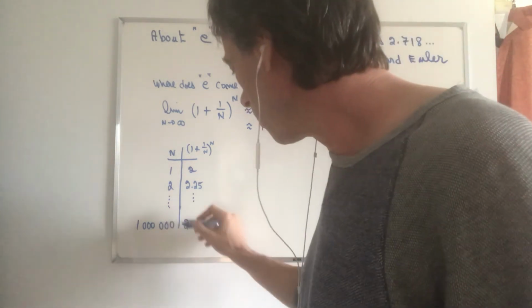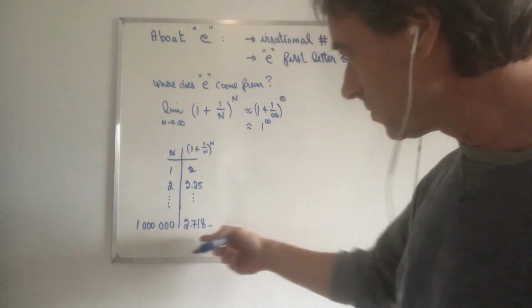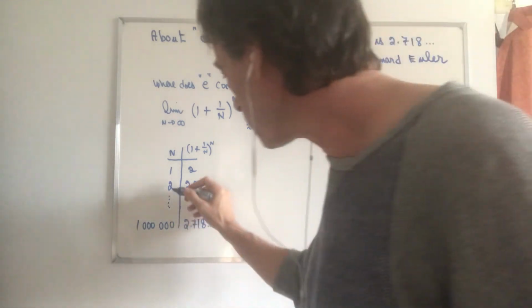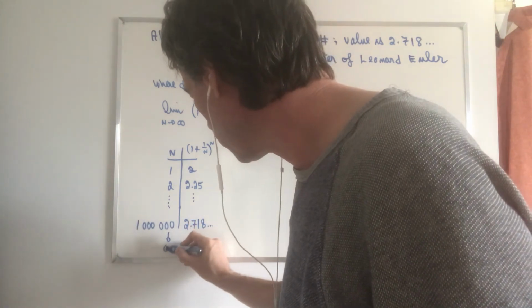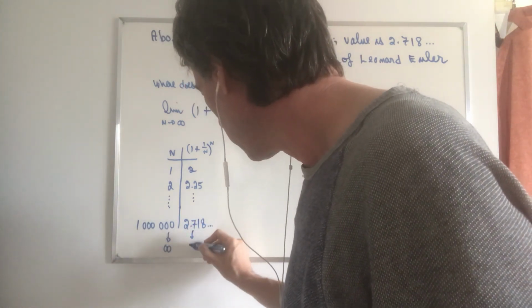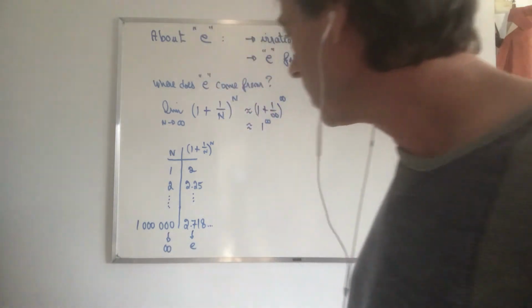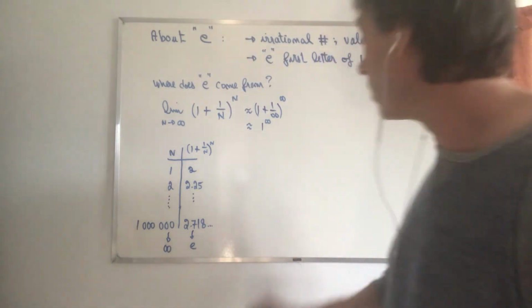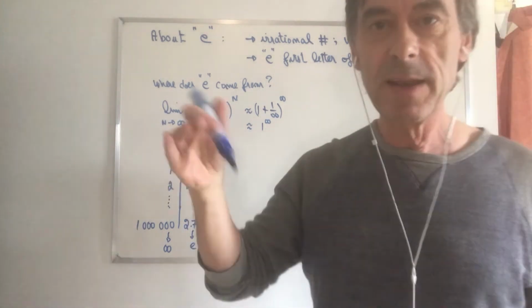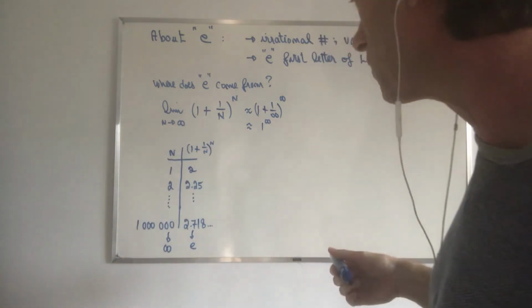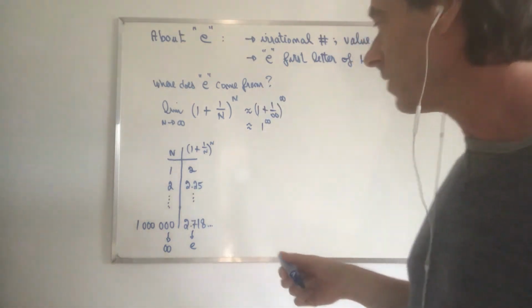And if you take not a million, but 100 million, it's still this number. So as n goes to infinity, this number actually goes to e. And e is that number that is irrational, so infinitely many decimals and never any repeating sequence. That's the origin of e.